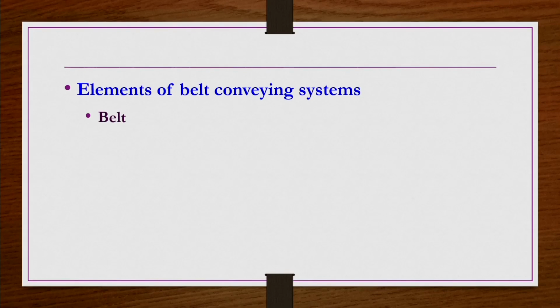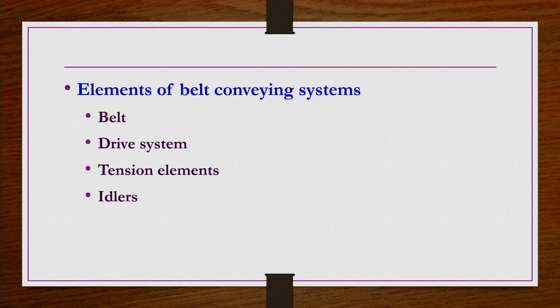So we will see what these elements are. The first and most important one is the belt on which the material is being conveyed, and next is a driving system where these belts are rotating. Then there should be tension elements, so that whatever the load is, it is properly held.